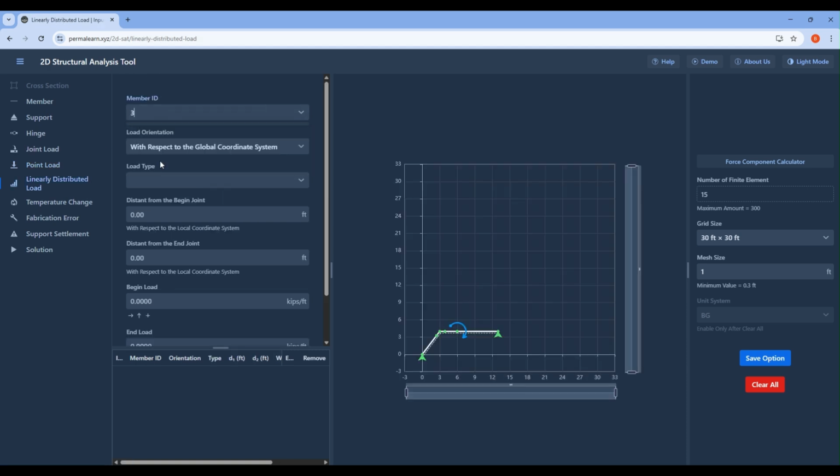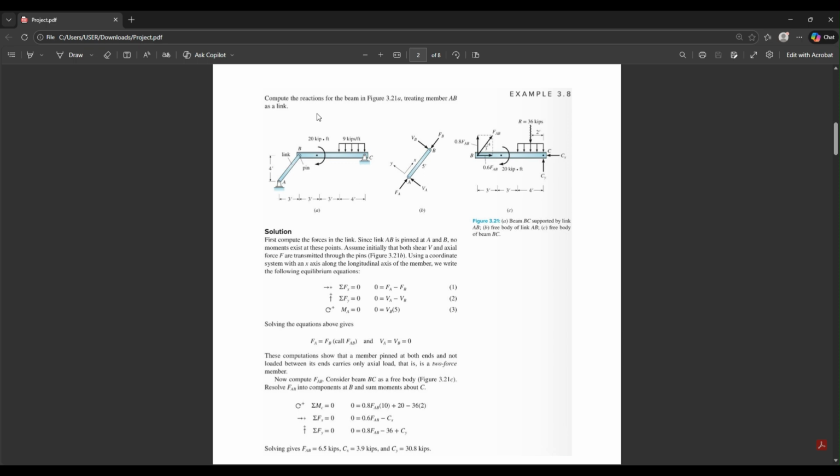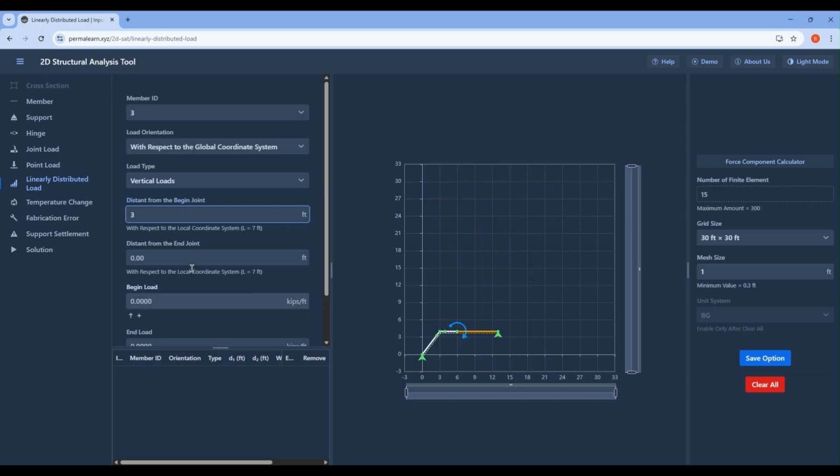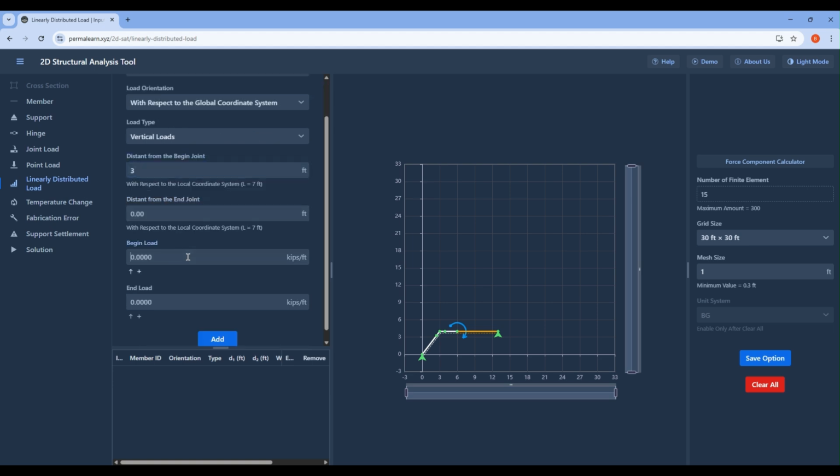The load type is vertical, and the distance from the begin point is 3 from joint C, as you can see here. And the begin load is negative 9 to negative 9. So we will have this uniform distributed load.